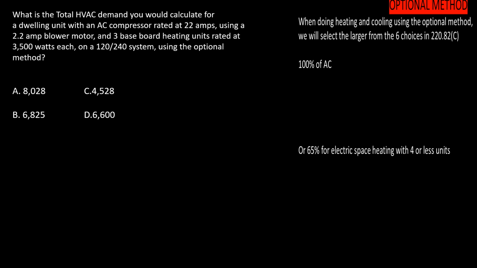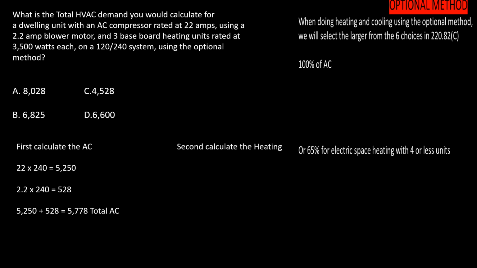What is the total HVAC demand you would calculate for a dwelling unit with an AC compressor that's rated at 22 amps using a 2.2 amp blower motor and 3 baseboard heating units rated at 3,500 watts each on a 120/240 volt system using the optional method? So we go ahead and work out the AC, and now let's calculate the heating. We take 3, which is the number of baseboard heaters, and multiply it by the wattage.